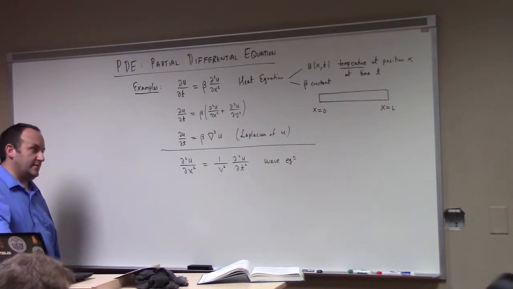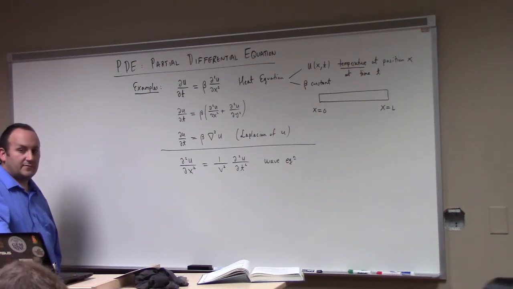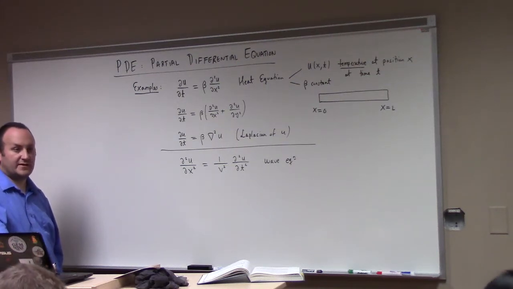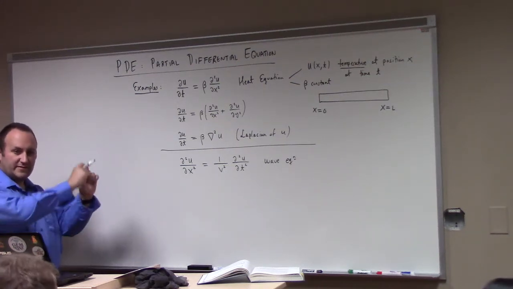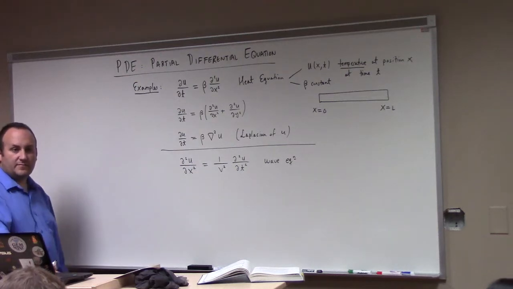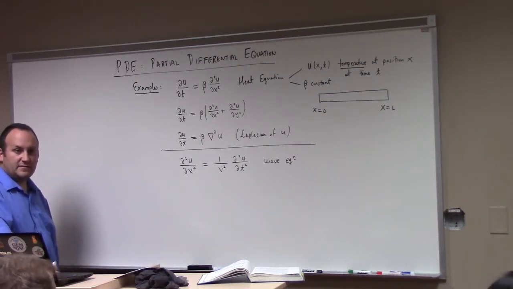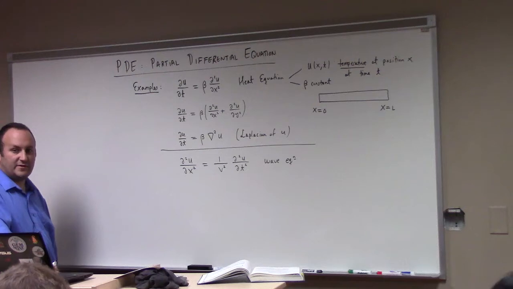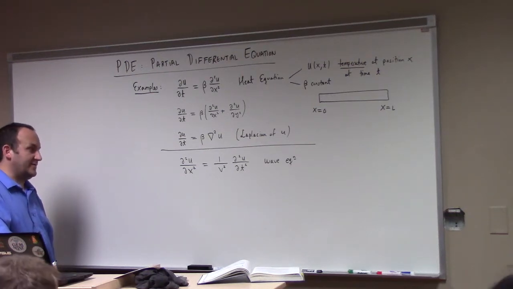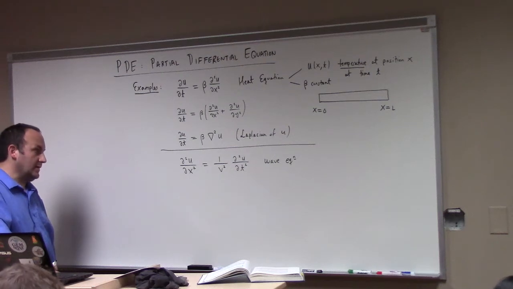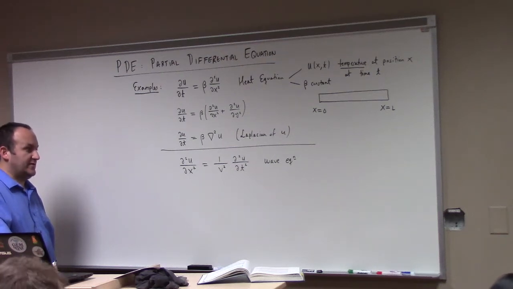And here v is the speed of the wave. We can derive this from looking at Newton's second law on a little segment of string. If you just look at a little string segment and study the force of the tension on it, you can derive this with about 10 minutes of physics 231. I often do that in here. So we'll learn how to solve the wave equation, all right?